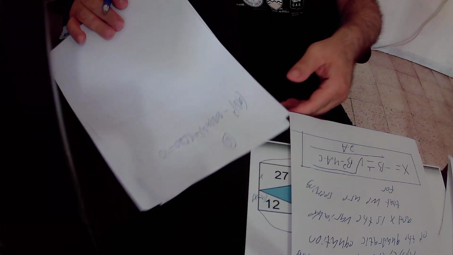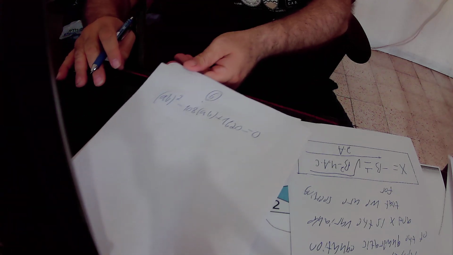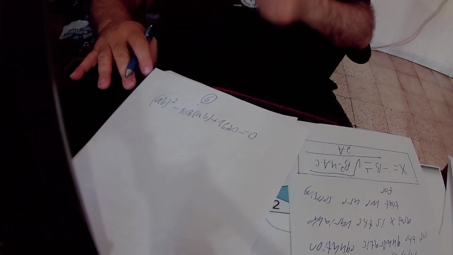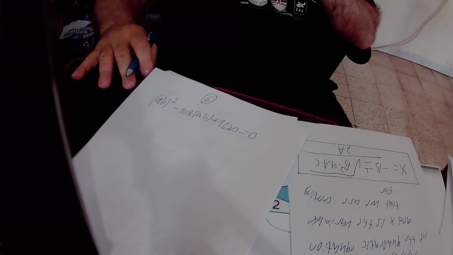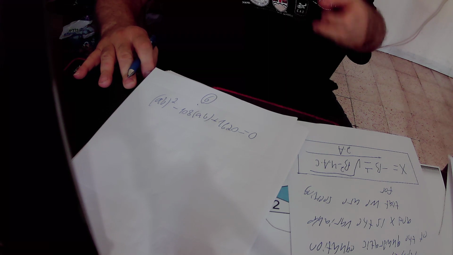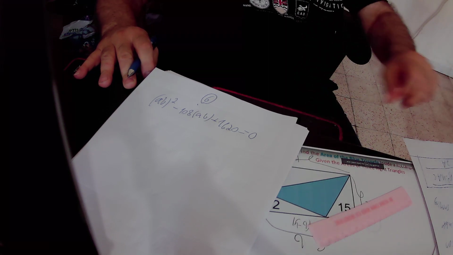Okay, this is our quadratic equation that we got from our three equations for the right triangles.